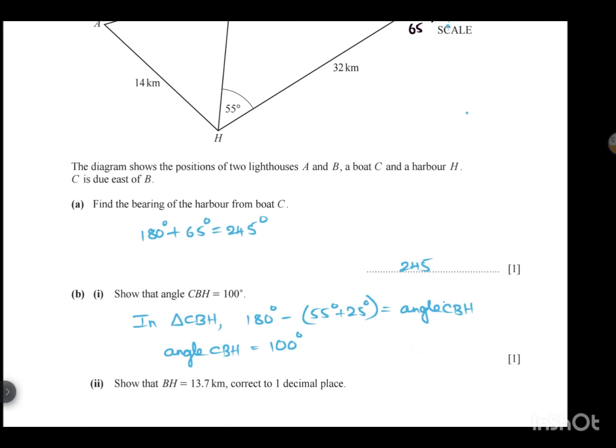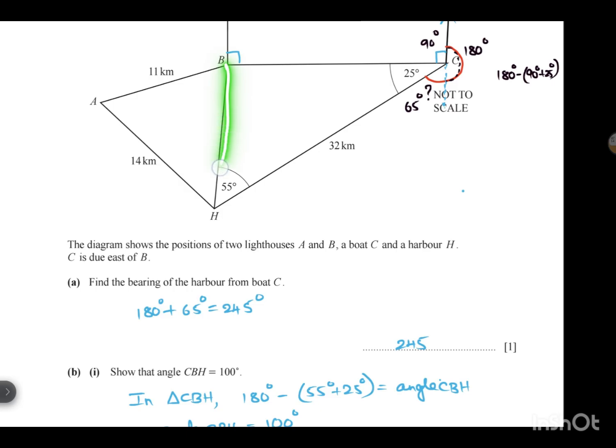Now B2. Show that BH is equal to 13.7 kilometers correct to one decimal place. Where is BH? BH is this line. We need to show that it is 13.7. So let us take the sine of this angle and this side, and sine of this angle and this side.